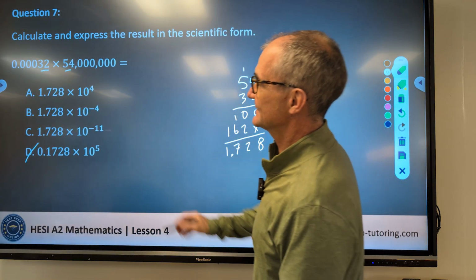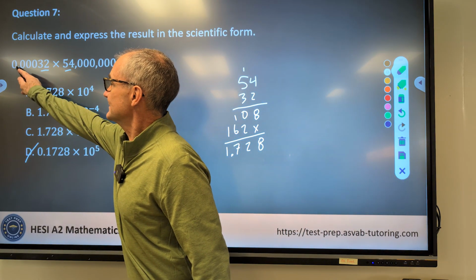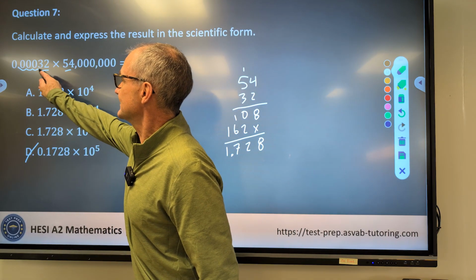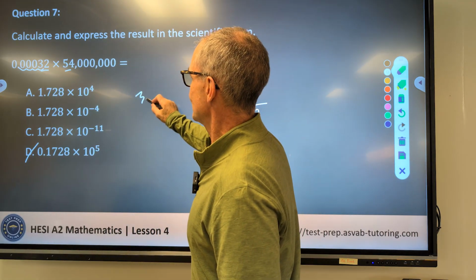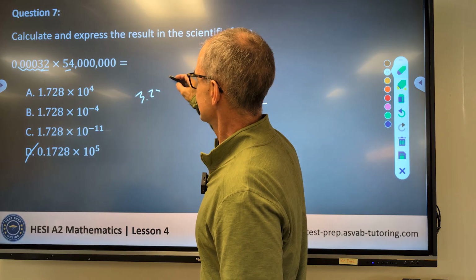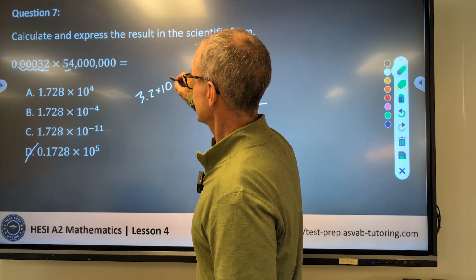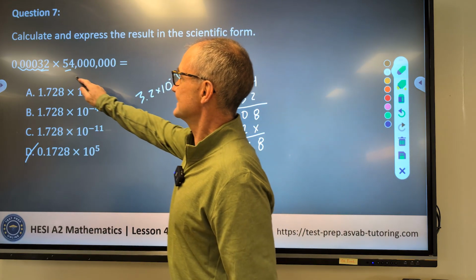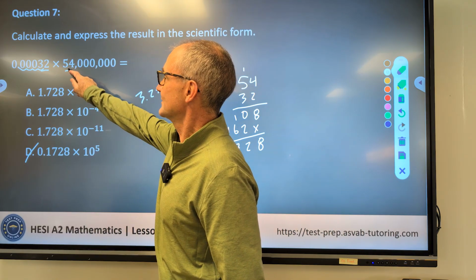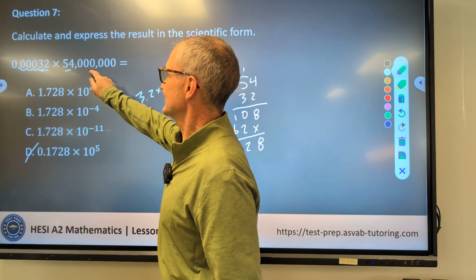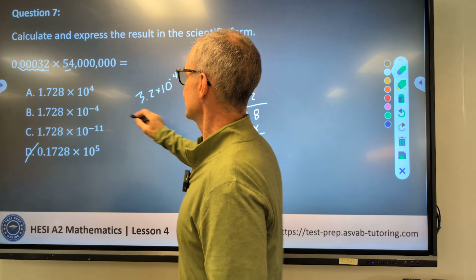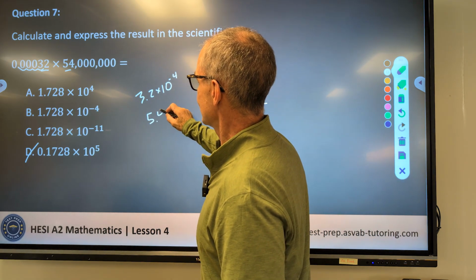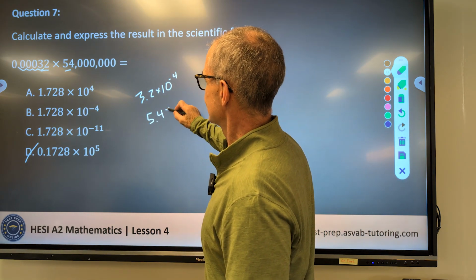Then let's see here, this is going to be 3.2 times 1, 2, 3, 4. So we have 3.2 times 10 to the negative 4. And this is going to be 5.4 times 10 to the 1, 2, 3, 4, 5, 6, 7, so 5.4 times 10 to the 7th.